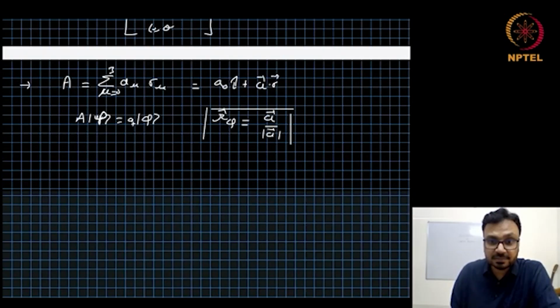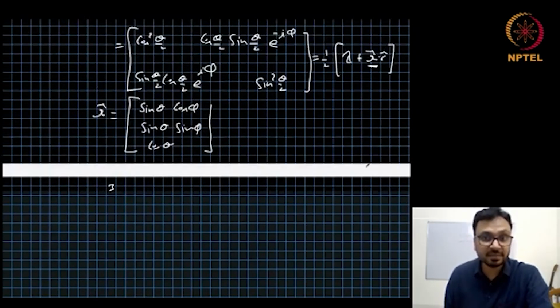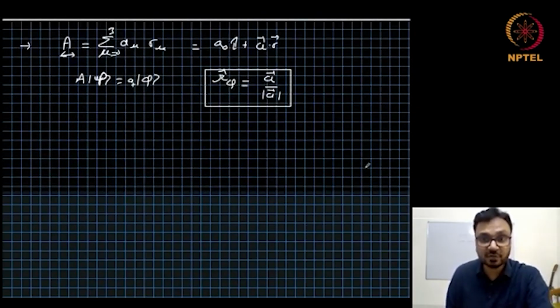That will be the Bloch vector corresponding to the eigenstate of an observable. In that way, this makes the calculation very easy and straightforward, and since we have a geometric picture, it makes them intuitive also.